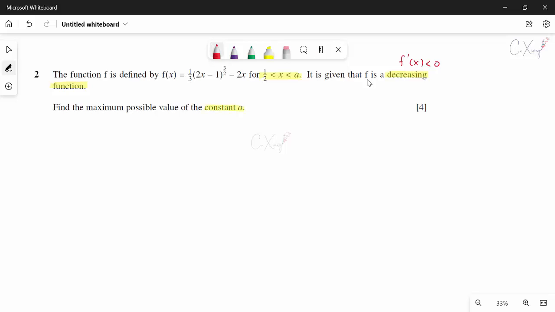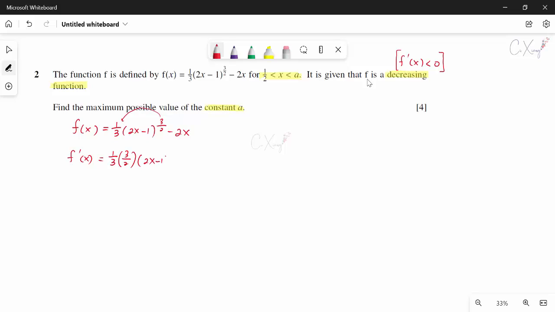So to find the constant a, generally we should use this information given here, like f prime x smaller than 0. Okay, so first we need to do the differentiation for function f(x) first. Okay, so this is my function f(x). All right, so to find the differentiation, 1 over 3 is a constant, I just copy, and then the 3 over 2 is a power, so I put it in front.